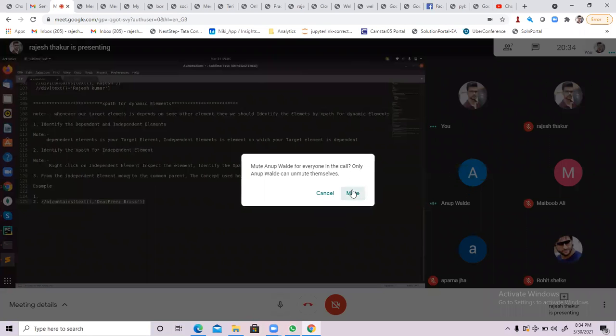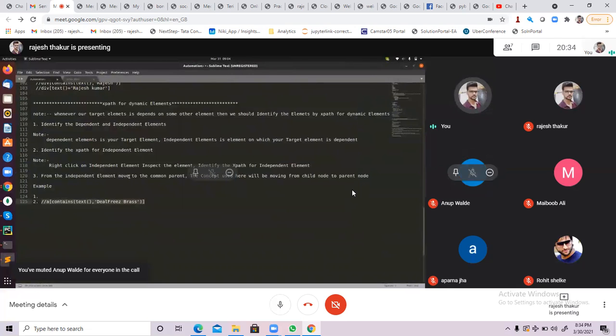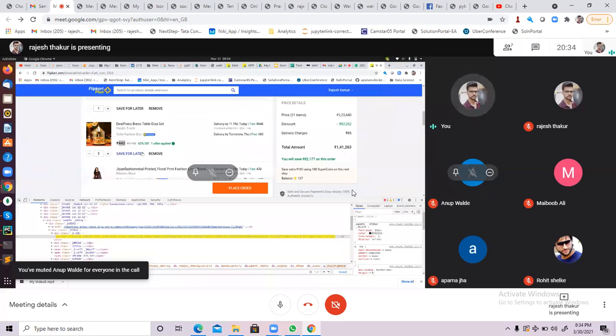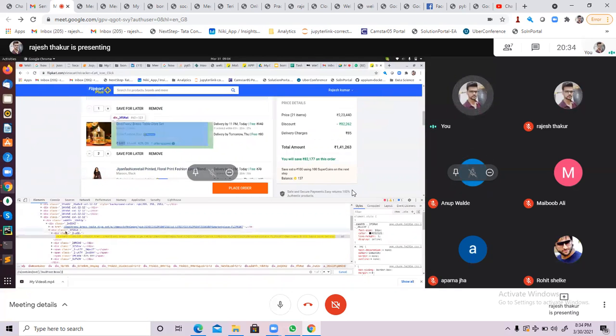Which common parent means which will capture, see, right now it is capturing this part. If I'm coming here, it is not capturing this. If I'm going there, you can see my 440 is coming in this tag. So move to the immediate parent node, right?